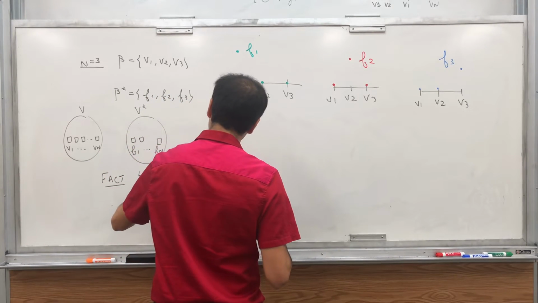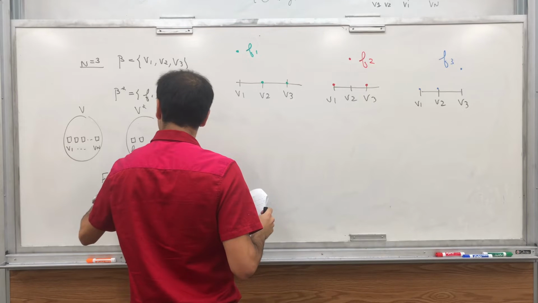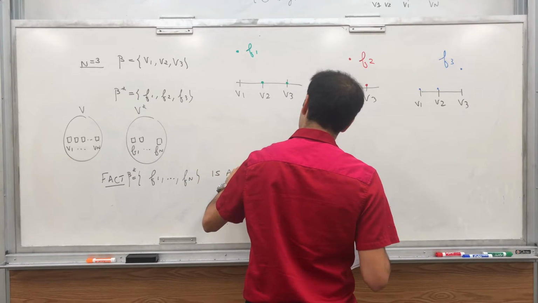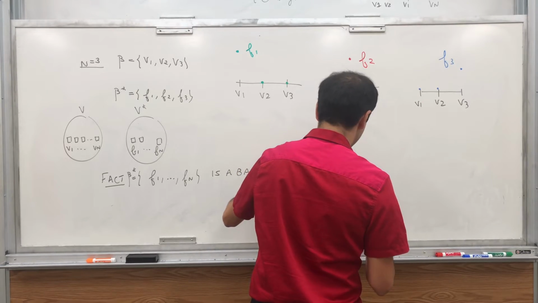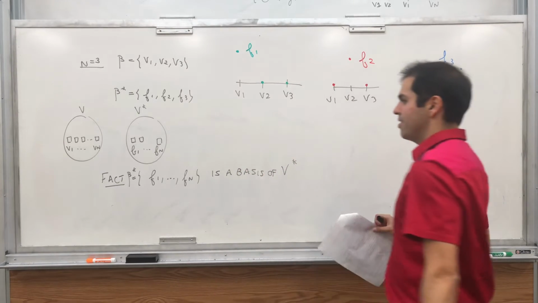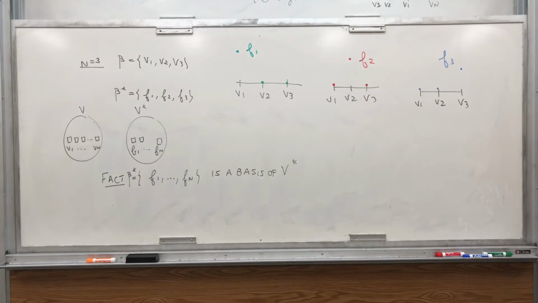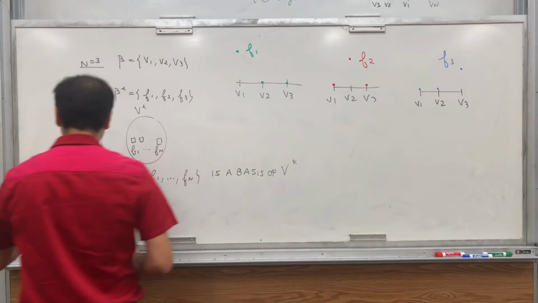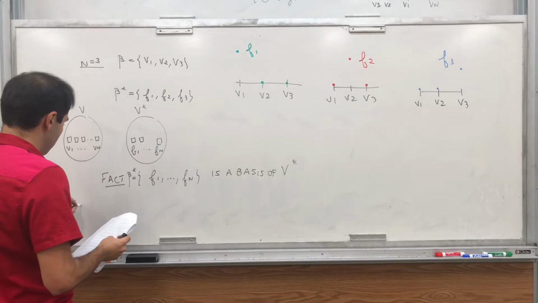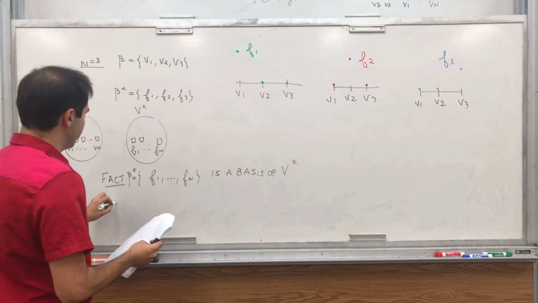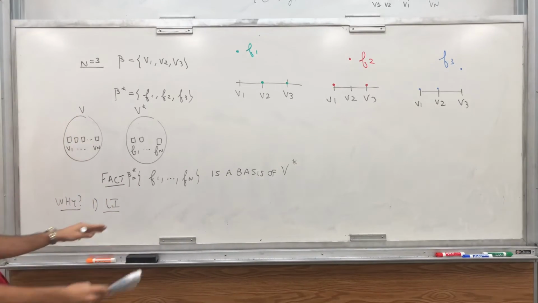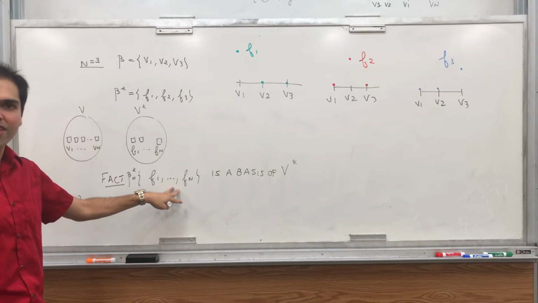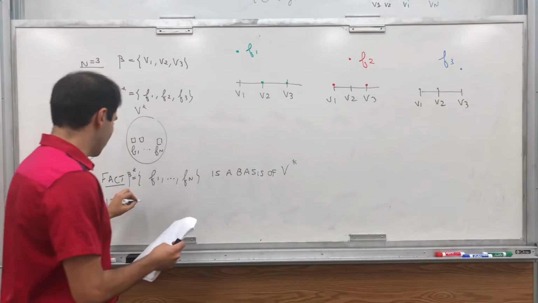f1 up to fn, so this dual basis is in fact a basis of V star. And why? To show something is a basis, you have to show it's linearly independent and that it spans. So first, let's show linear independence, which means suppose you have some combination of those functions that gives you the zero function.